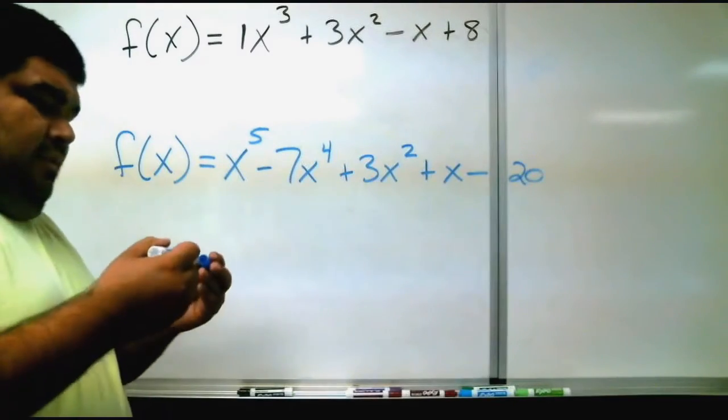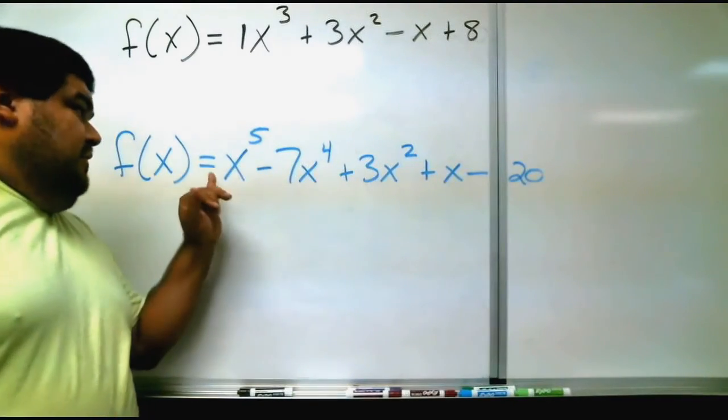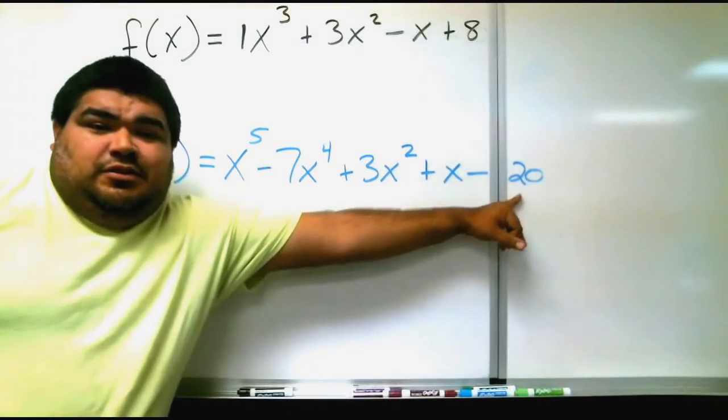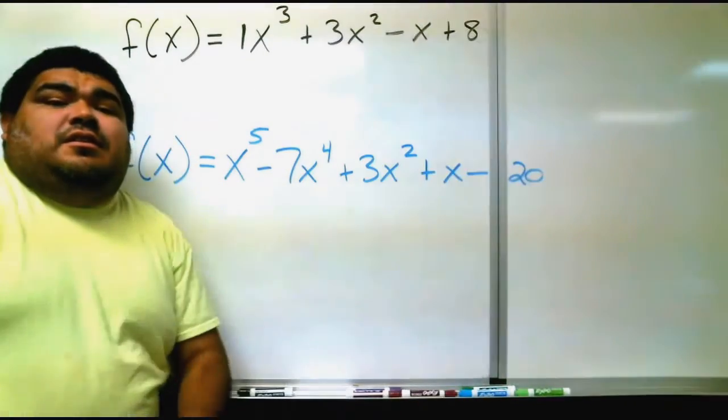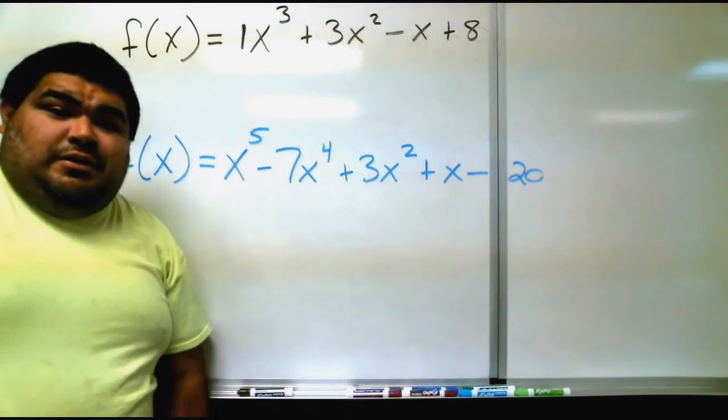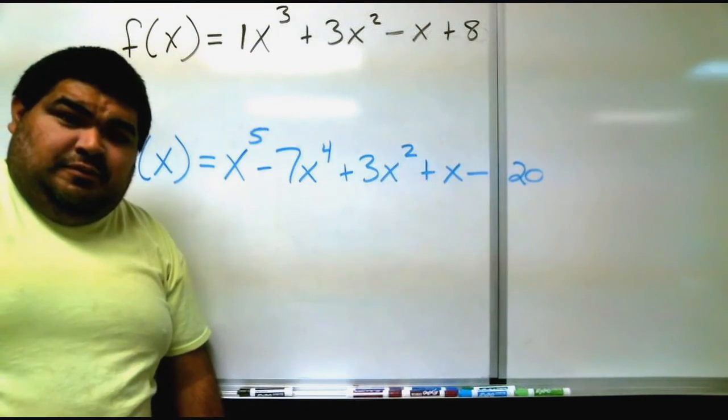So again, hint, hint, you're missing something in the front here. Again, minus 20 is your constant. Make sure you find all the possible outcomes that we're going to use.